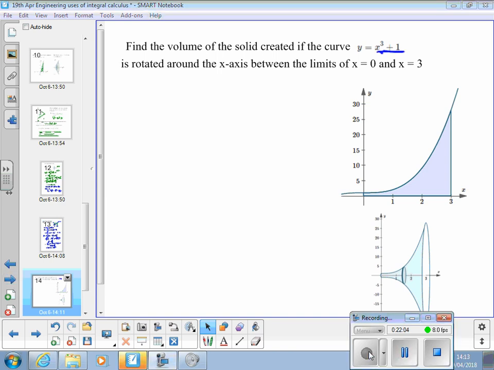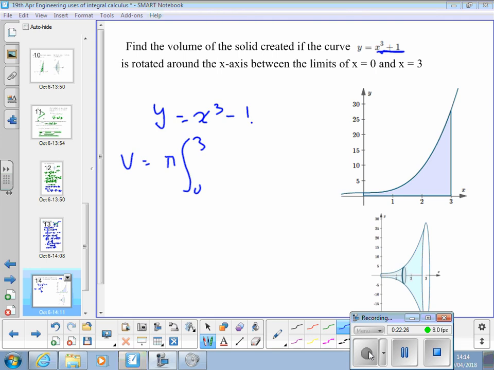Let's just run through. So we've got y is equal to x cubed minus 1. Volume, therefore, is equal to pi times the integral between 0 and 3 of x cubed minus 1, all squared, dx.